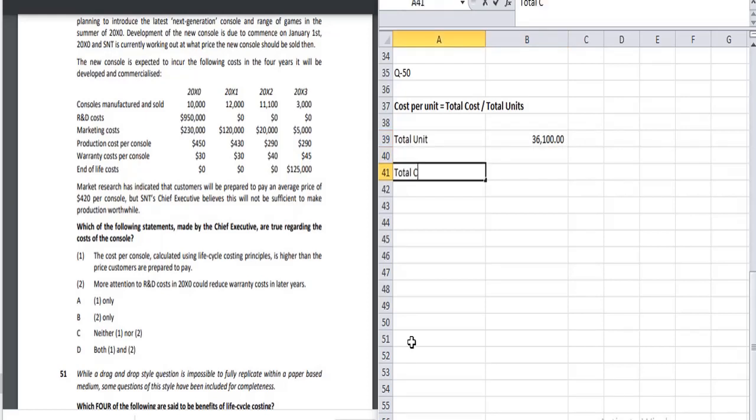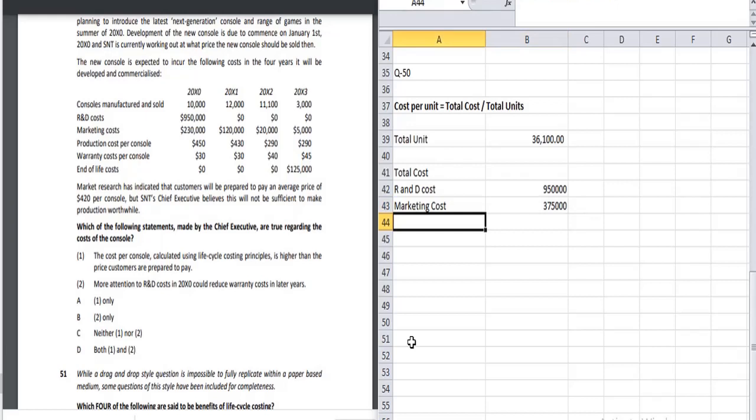Now total cost. Total cost, we have R&D cost, right, and amount is 950,123, and for the rest of the years it is 0. Then marketing cost is 230,123 plus 120,123 plus 20,000, then 5,000.